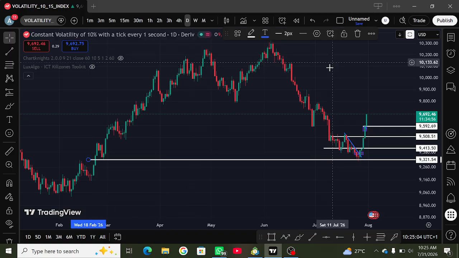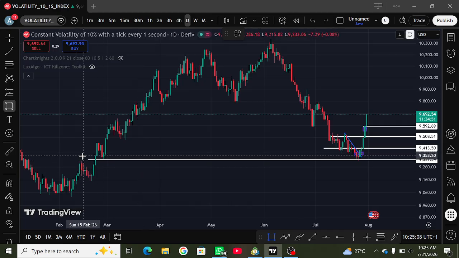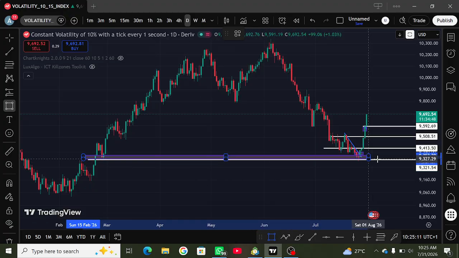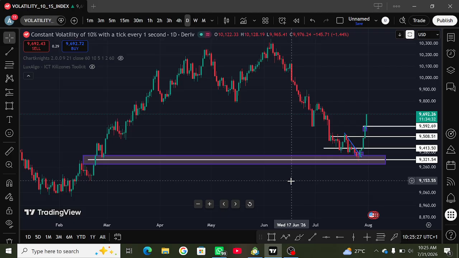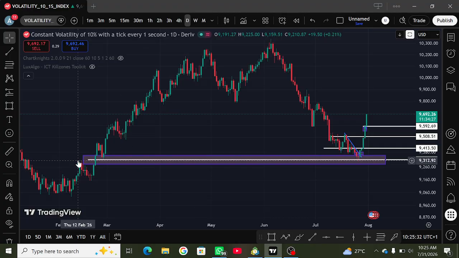This is a very good point of interest because two things are involved here: an external liquidity swept, and once an external liquidity is swept, the next thing is the market starts looking for internal liquidity. So the external liquidity has been swept here into a fair value gap, which makes it a very strong and an old high.